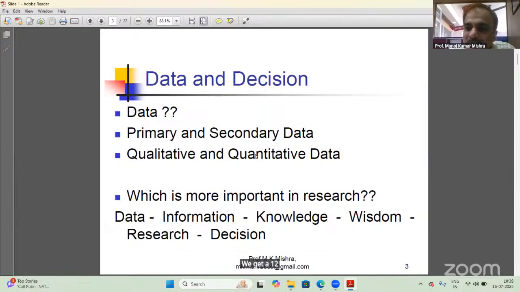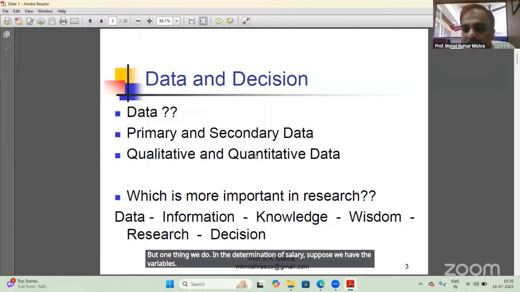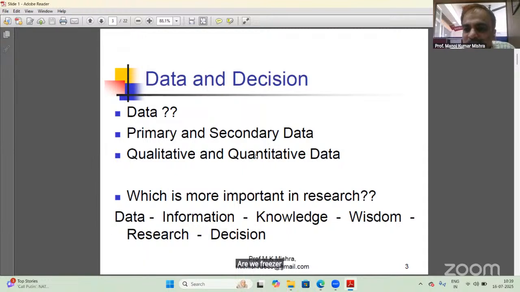But one thing we do in the determination of salary: suppose we have the variable of promotion, or no promotion. If it is 0 and experience is 1, this is a qualitative variable, and experience in years is the quantitative variable.